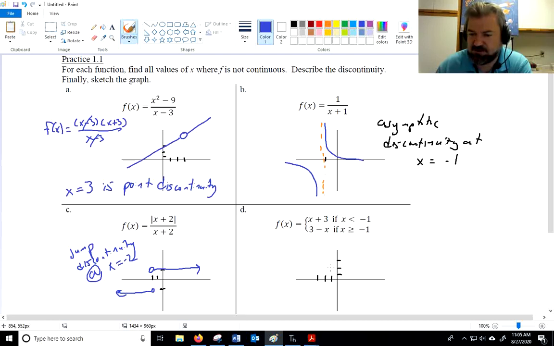So at -1, this is an open circle because it's less than -1. And this is just a line x plus 3 going this way. Now, when x is greater than or equal to -1, we have 3 minus x. Well, 3 minus a -1 actually puts me up at 4. So really, it's up here and going like that. So that is another jump discontinuity.